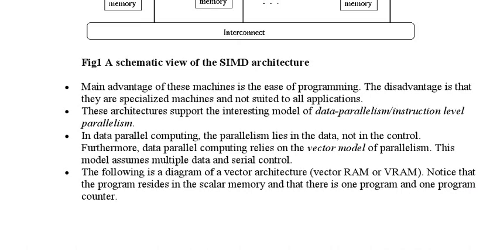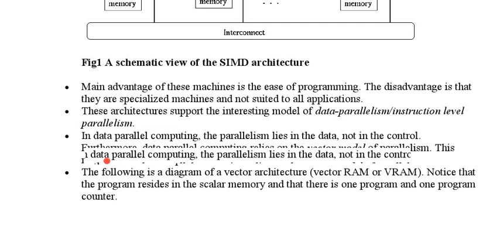How? Because there is no interdependency between the data. That's why you can execute them in parallel. So this line is again justified: in data parallel computing, the parallelism lies in the data, not in the control.